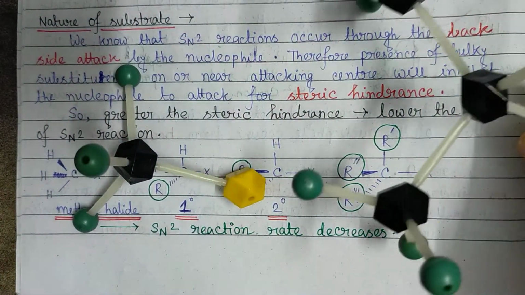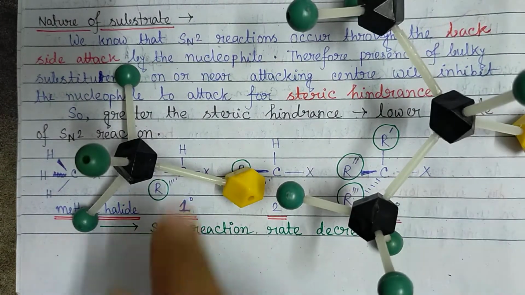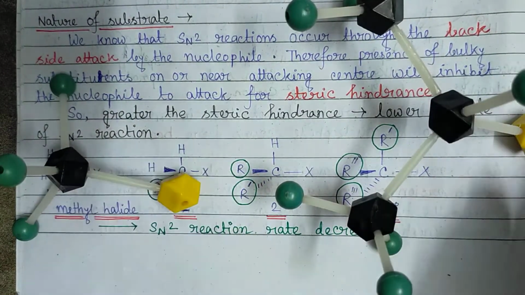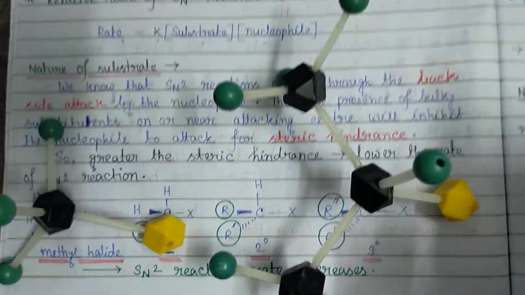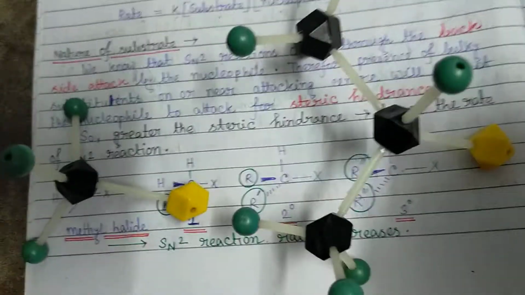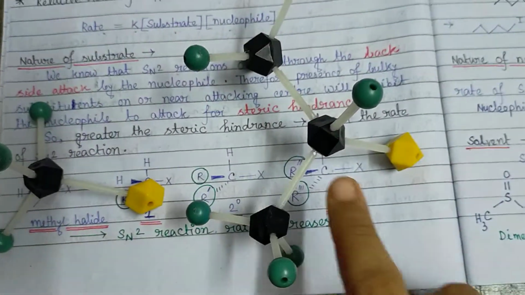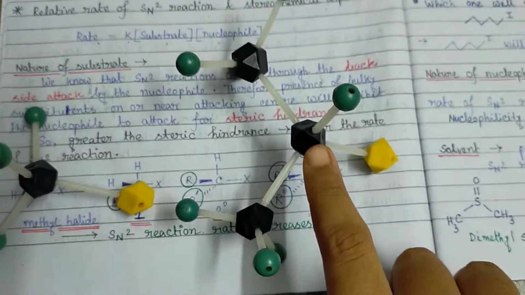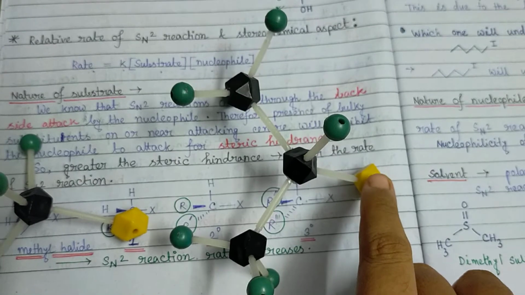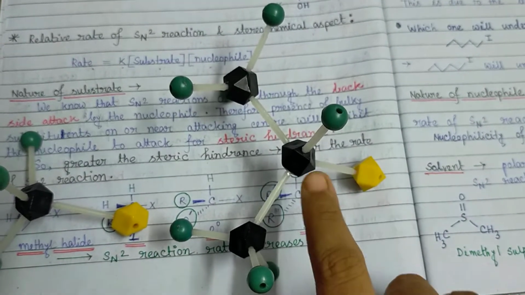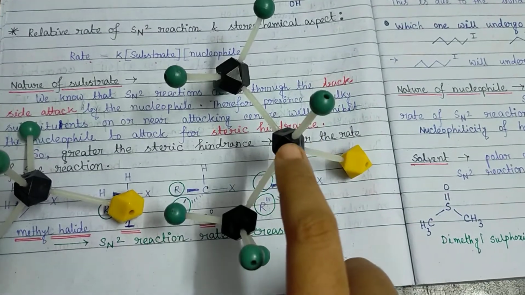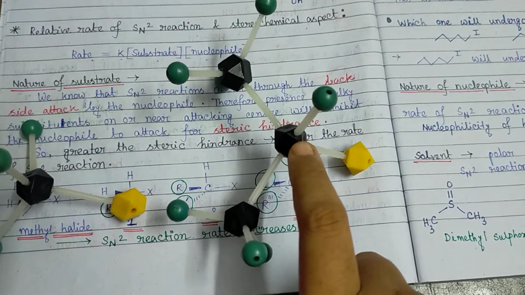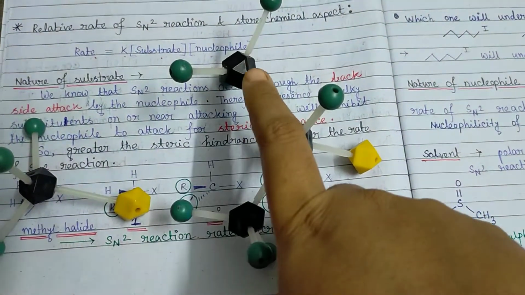Now, if a hydrogen of the attacking carbon is replaced by some substituent like methyl, then the compound will look like this one, where this carbon is the attacking center, this is the halogen, and here this is the 1 hydrogen atom, and along with that in this carbon there are 2 methyl groups.